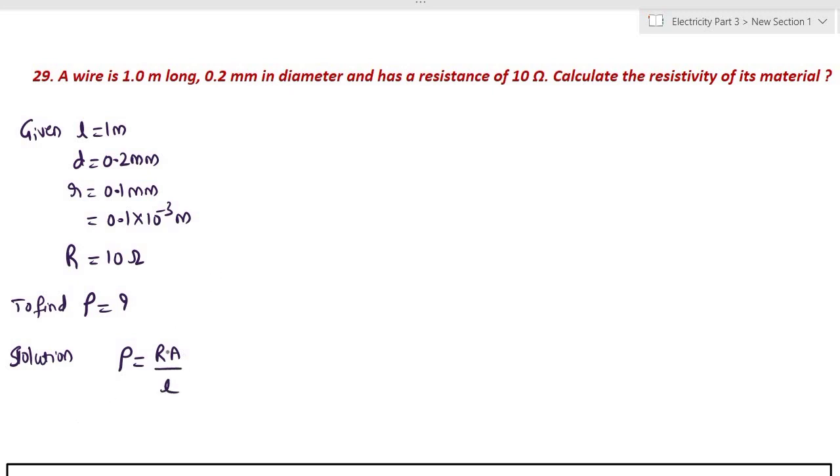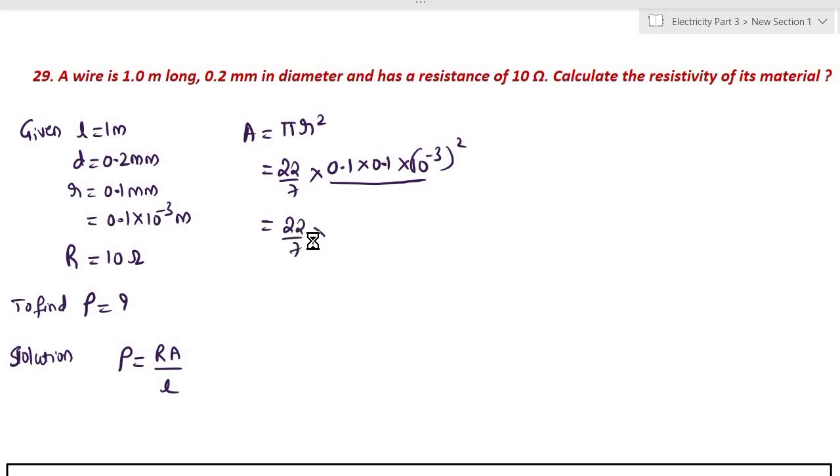So to find rho, we need to calculate the area of cross section, that is pi r square. That can be written as 22 by 7 into r, which is 0.1 into 10 to the power minus 3, bracket square. I am writing it in this way. How can I write this 0.1? 1 divided by 10.